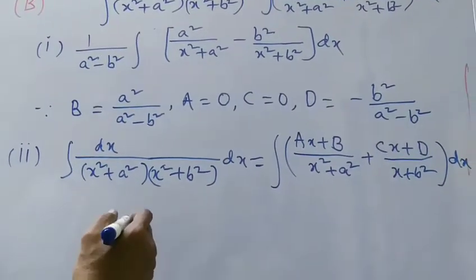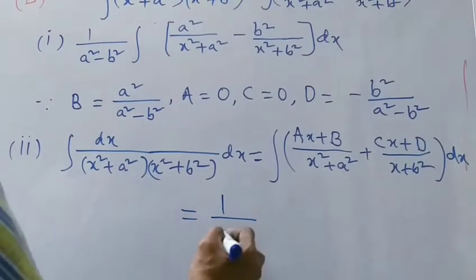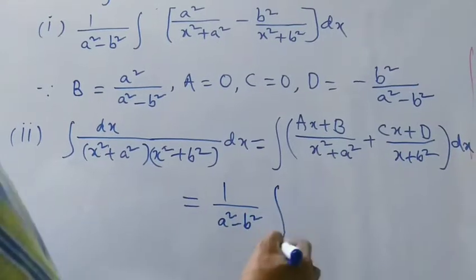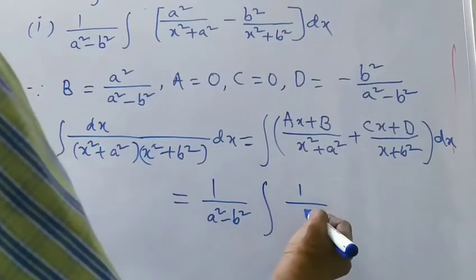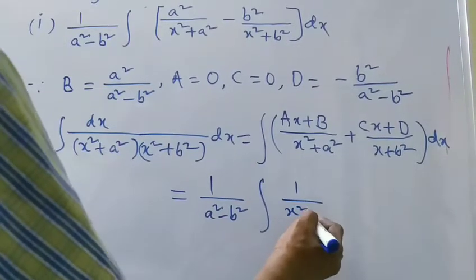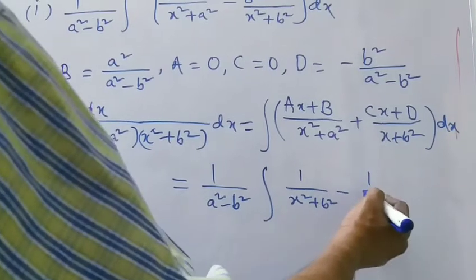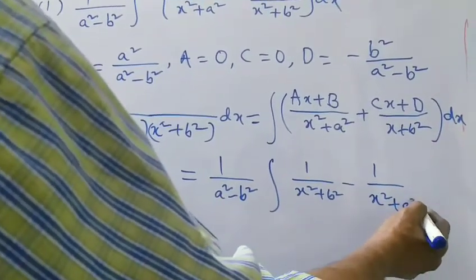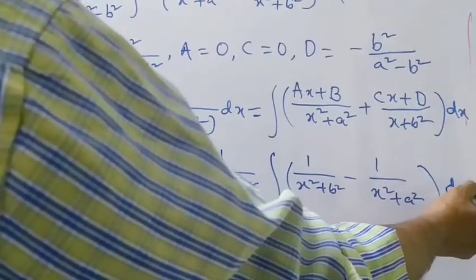This is equal to 1 by a square minus b square integral of 1 by x square plus b square minus 1 by x square plus a square, whole dx.